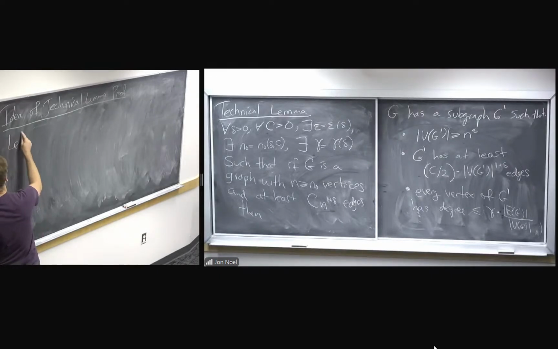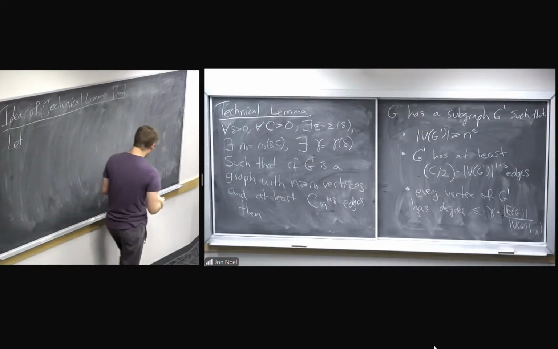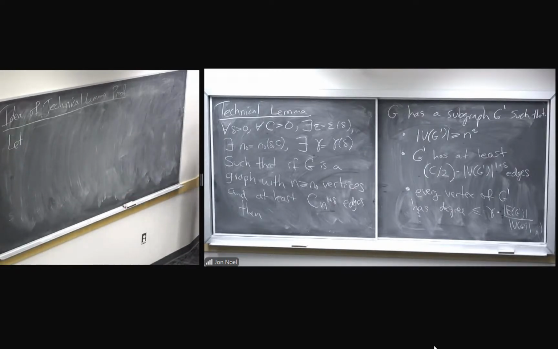So, frankly, I don't have that much intuition about this. We've done a lot of things like this before, where what we were usually doing is you take a graph and you want to reduce to a subgraph that has a high minimum degree. And then it was kind of clear what you do: delete the lowest degree vertex and just keep doing it, and that's going to make the minimum degree higher eventually.